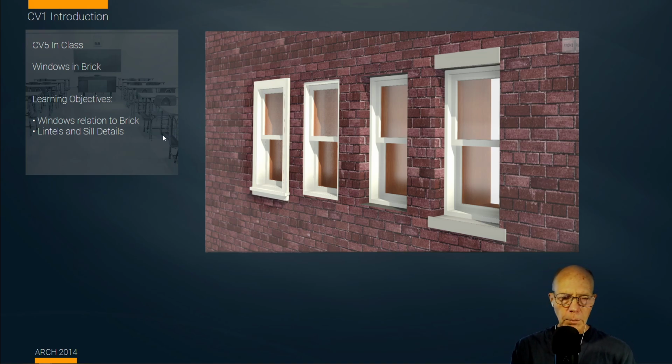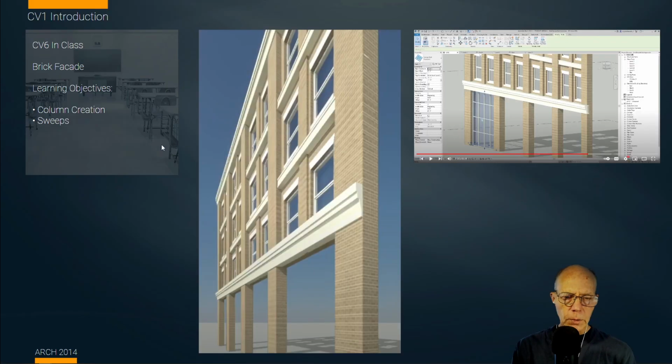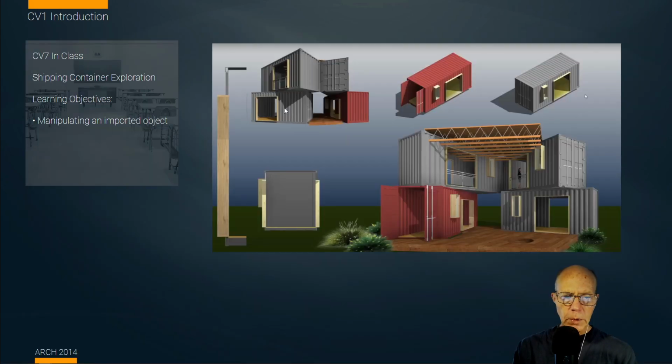Just an important thing that you'll take through your career with you. And then we'll take that learning and stretch it out on a very traditional looking brick facade. So we'll learn how to use columns, hierarchy, sweeps to create much more traditional looking types of facade systems. All of this is relatively quick. I provide you with start files so you can really move through these and learn the techniques relatively quickly.